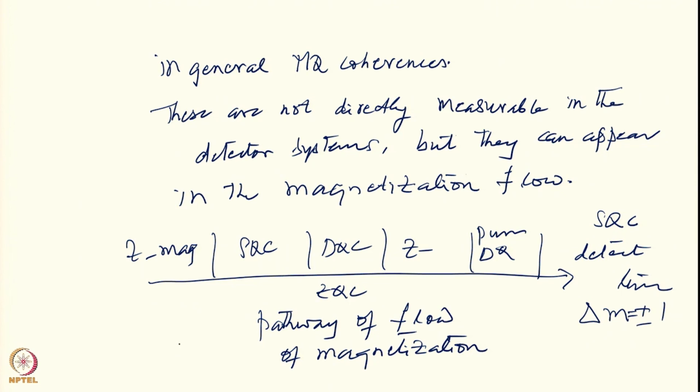So therefore one can design various kinds of experiments for what you want to have in a particular time period. I may want to have single quantums here, I may not want to have single quantums there, I want to have double quantums there, I can delete some of those ones, how to manipulate those ones. This is the thing which generates a whole lot of experimental schemes which are required for generating a specific type of information in your spectra, and that is the power of this multidimensional spectroscopy.